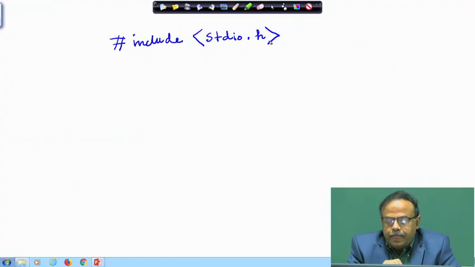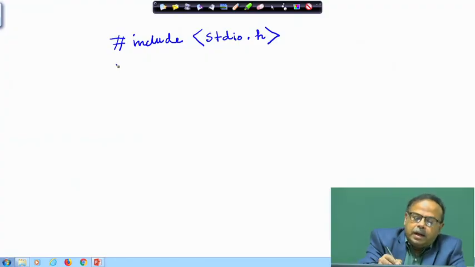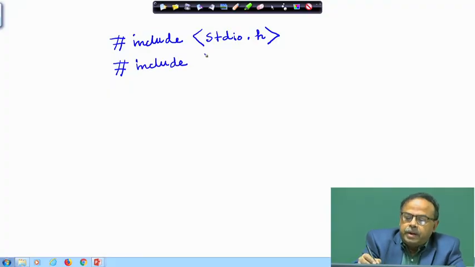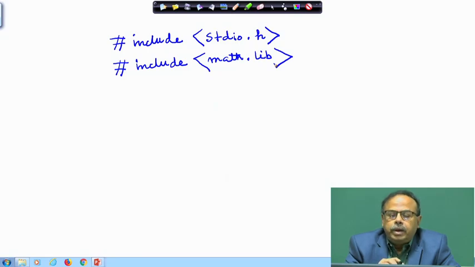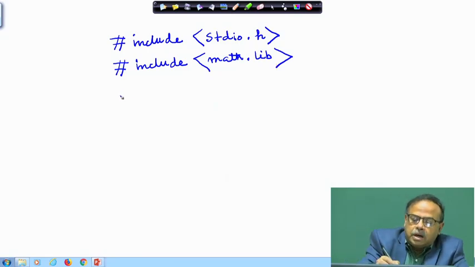Then I am including another thing which is a library called math.lib. .lib stands for library. Why I am including that, I will come to that later.